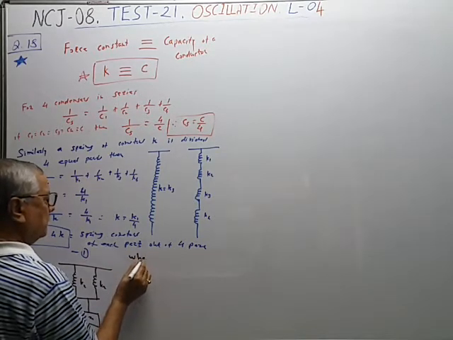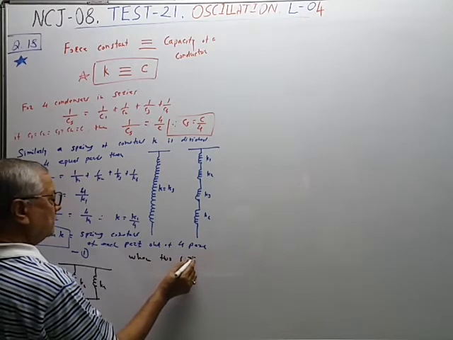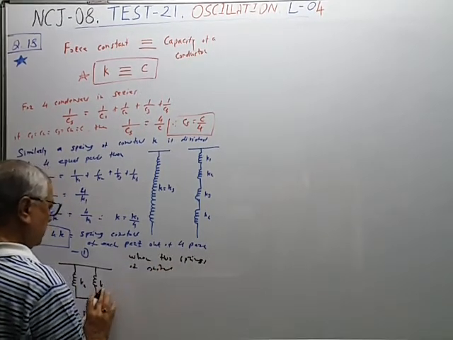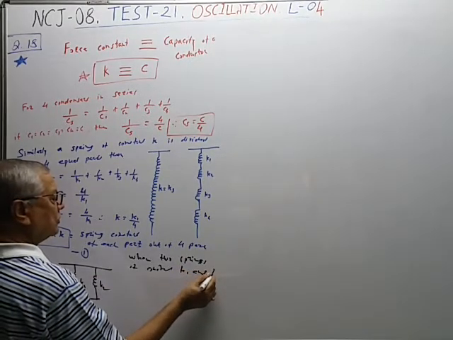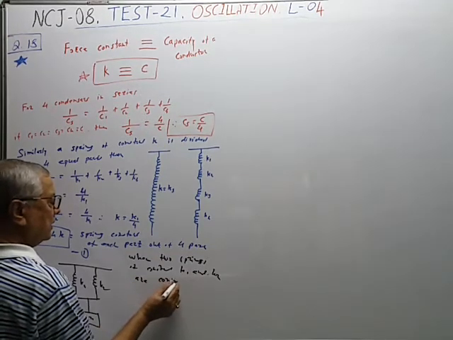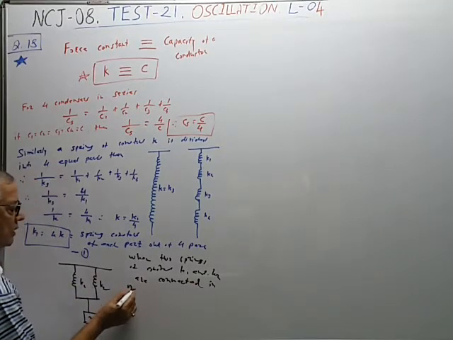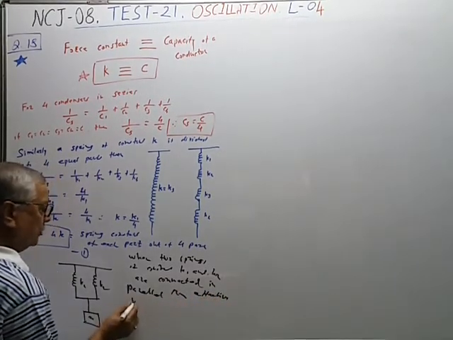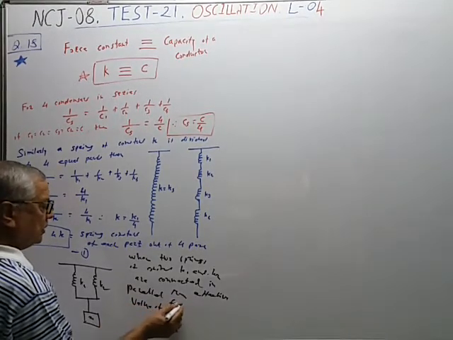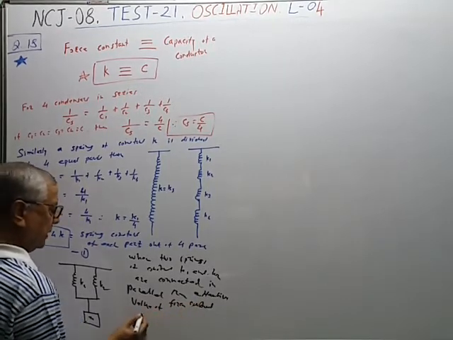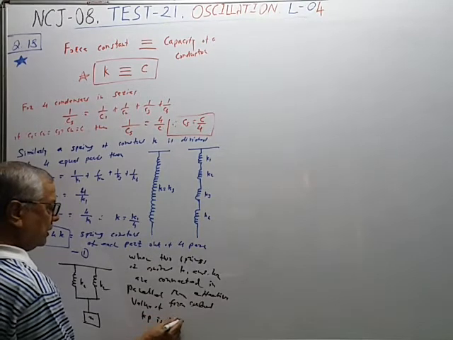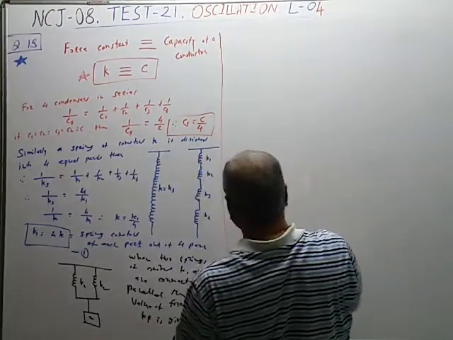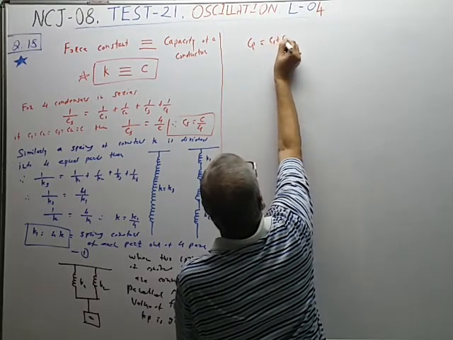When two springs of constant K1 and K2 are connected in parallel, then the effective value of force constant Kp is given by Cp is equal to C1 plus C2.